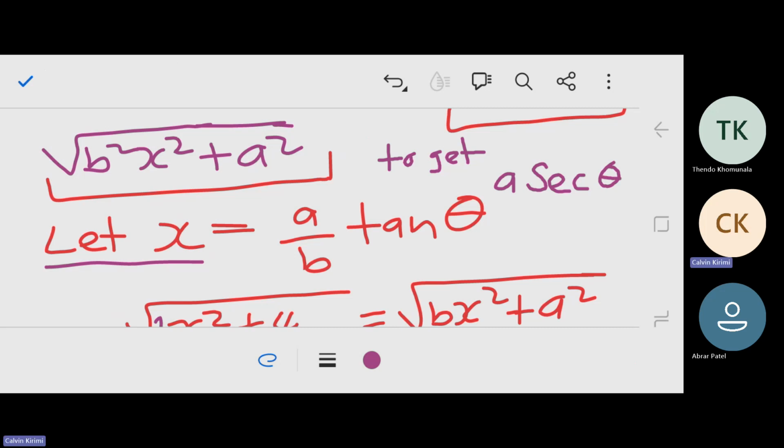So what is under the root sign is now a secant theta.